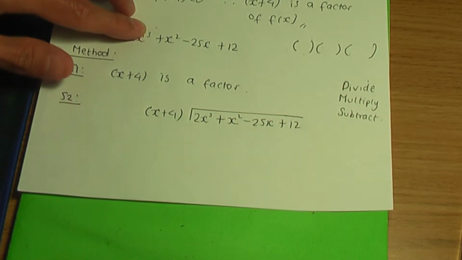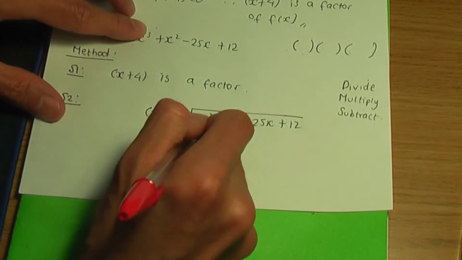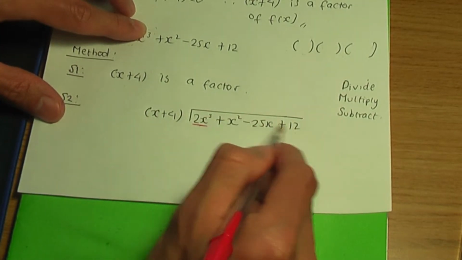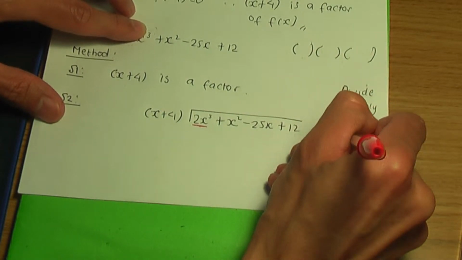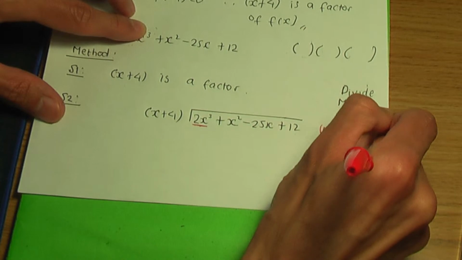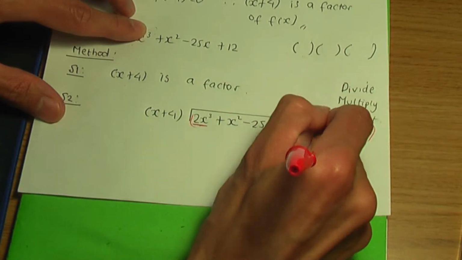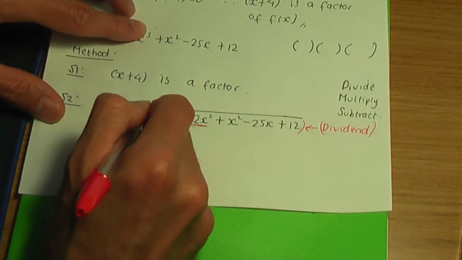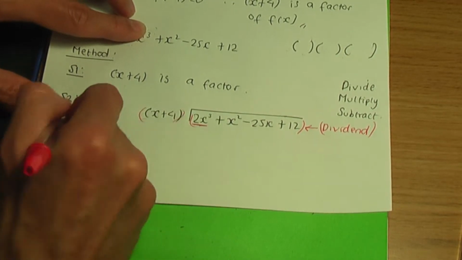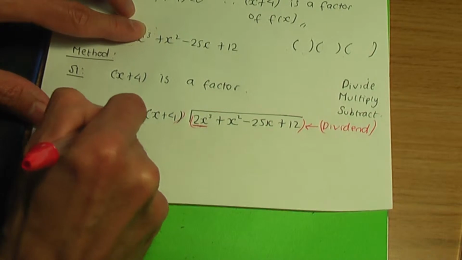Now, D, divide, means you divide the first term of your dividend. The term underneath your division sign is called the dividend. So you divide the first term of your dividend by the first term of the divisor. The term x plus 4 is the divisor.